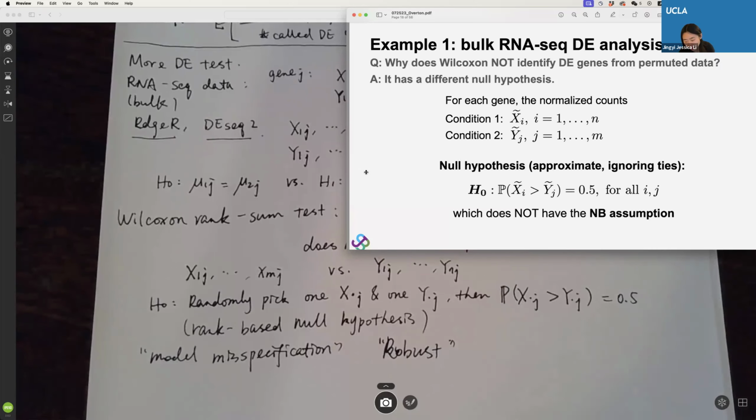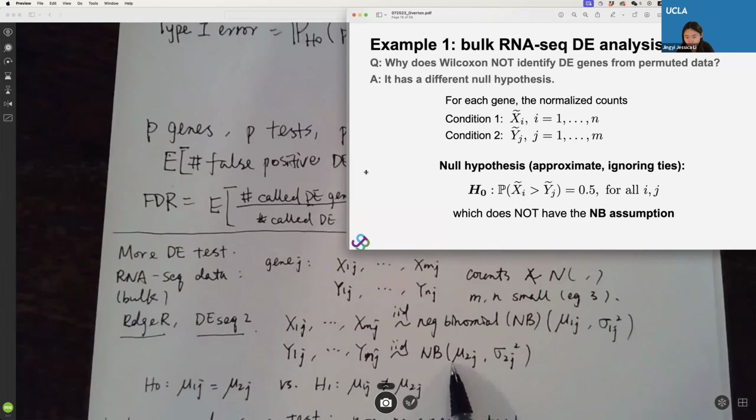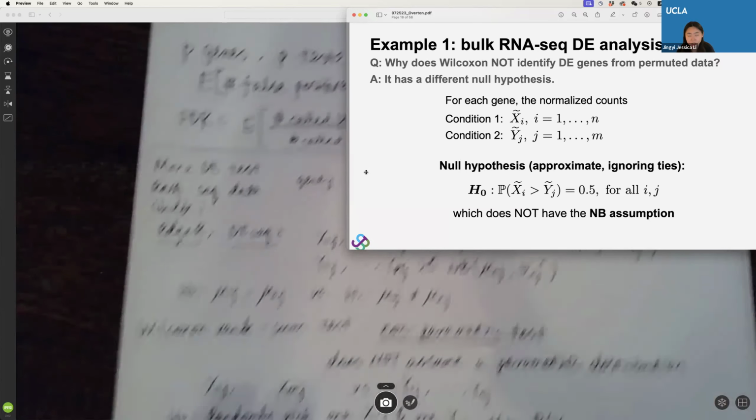You always have to pay some price. And here the price we pay for gaining this robustness, by not assuming a parametric distribution, is that we would be less powerful if the normal distribution assumption for the t-test, or the negative binomial distribution assumption here for the count data, is correct.